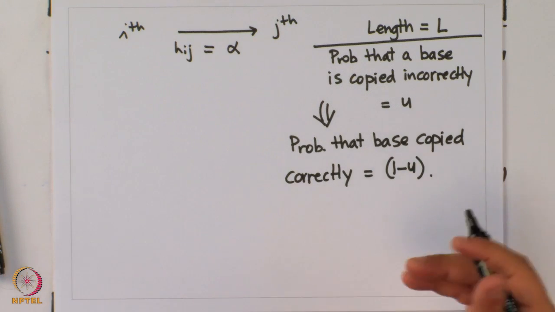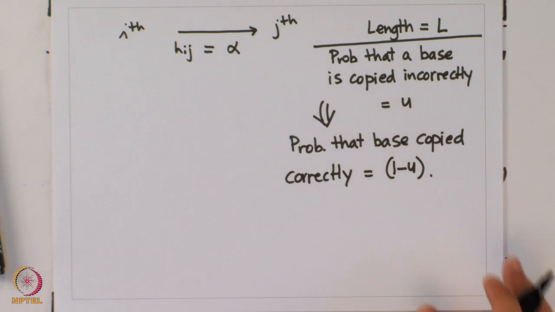Because when a base is copied, either it is copied correctly or incorrectly, hence this is just 1 minus u.